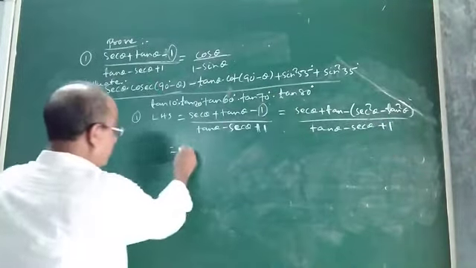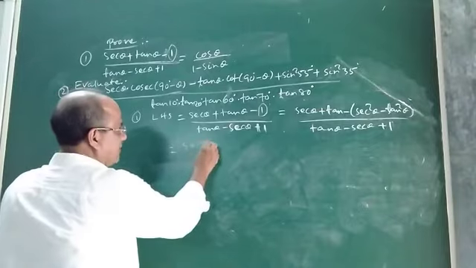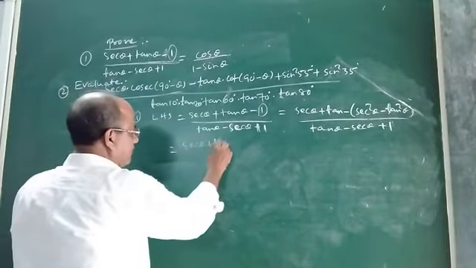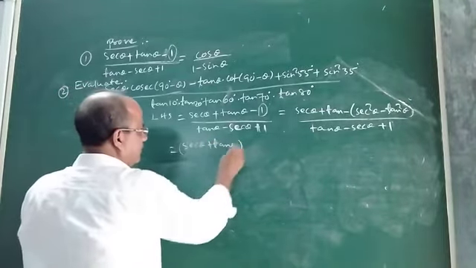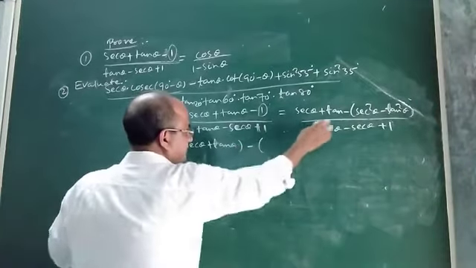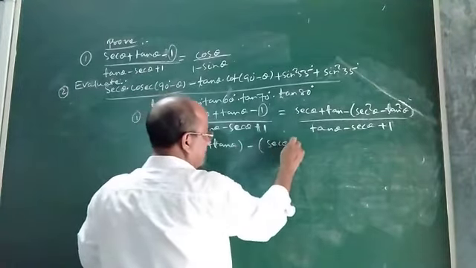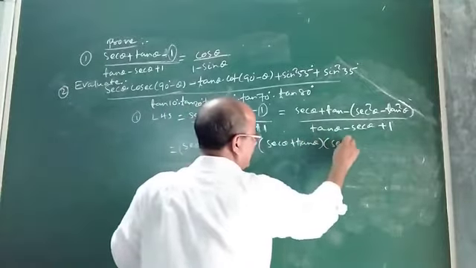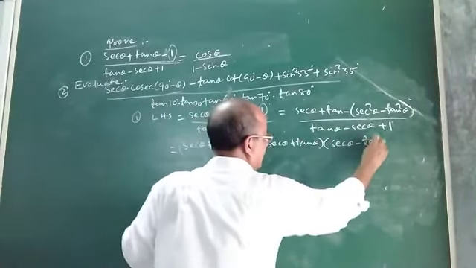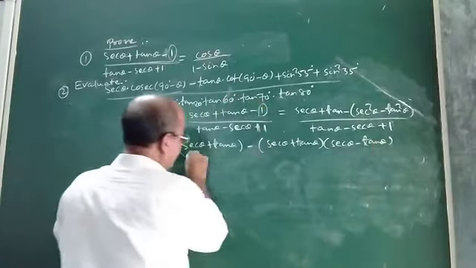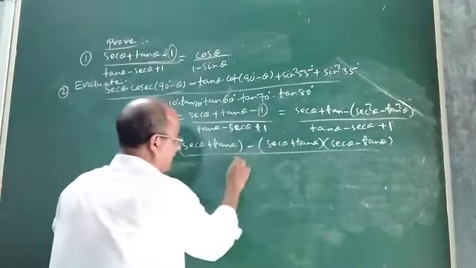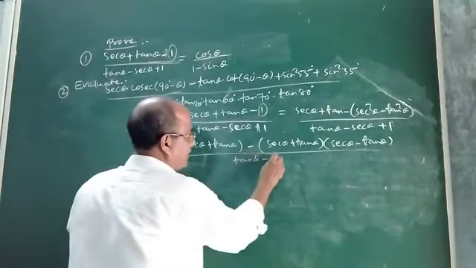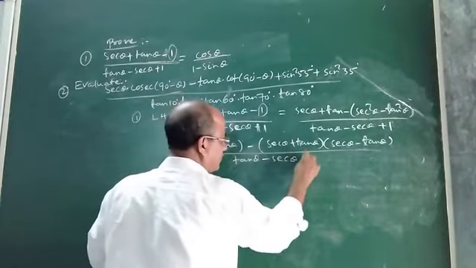Now write down: sec theta plus tan theta, minus, sec theta plus tan theta into sec theta minus tan theta. Let the denominator be constant, that is tan theta minus sec theta plus 1.